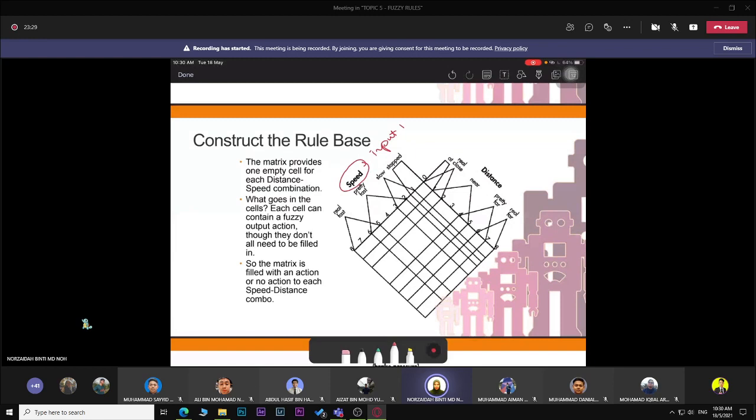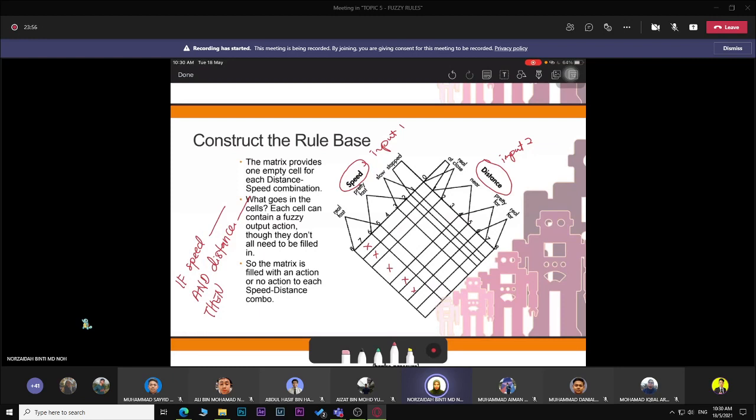This is input 1 and then distance input 2. Okay, so ada dua input. So maknanya dia ada rule akan bentuk dia jadi if speed and distance then then dia apa? Then dia akan duduk kat dalam ni.